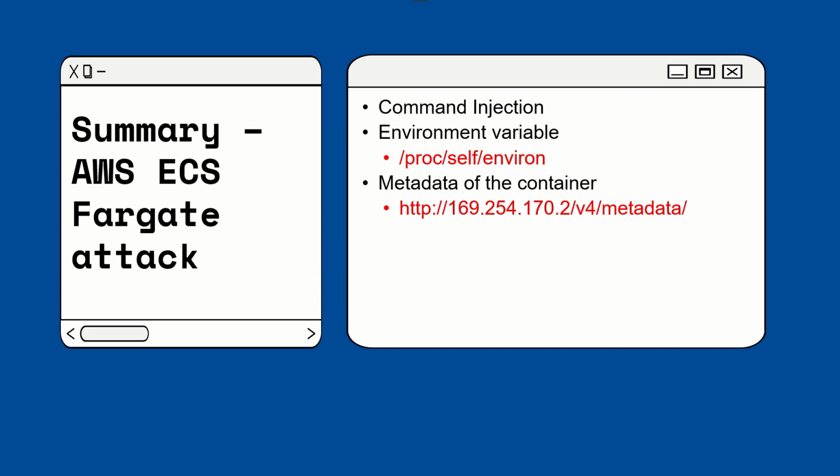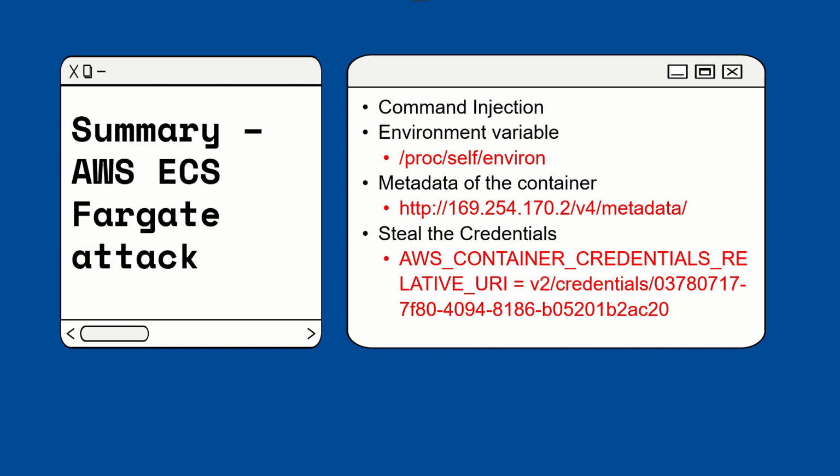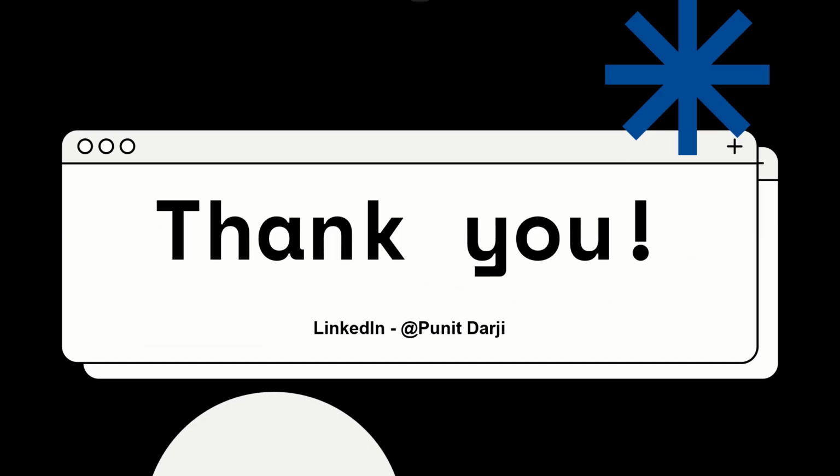Then the most important part of the video, we found the credentials information, stored in the environment variable AWS_CONTAINER_CREDENTIALS_RELATIVE_URI. It was the dynamically generated endpoint. So you can see the endpoint as well, v2/credentials/ this particular ID. So this is all about this video.